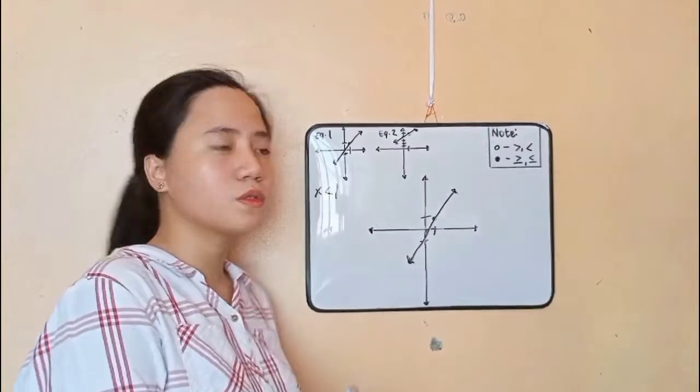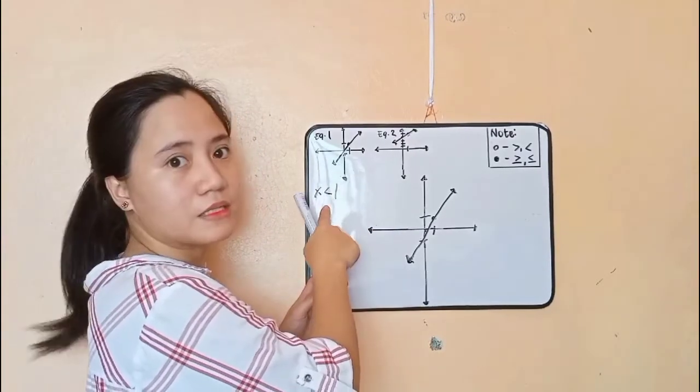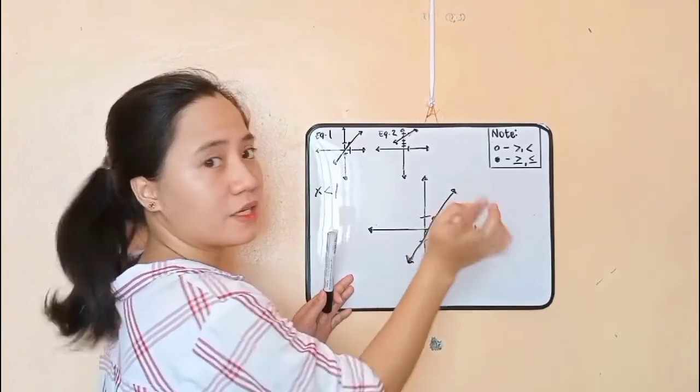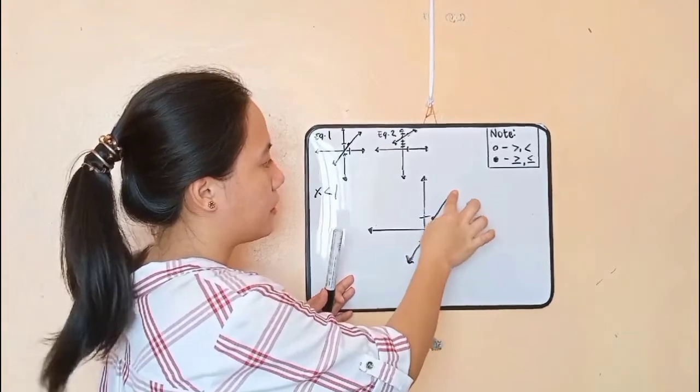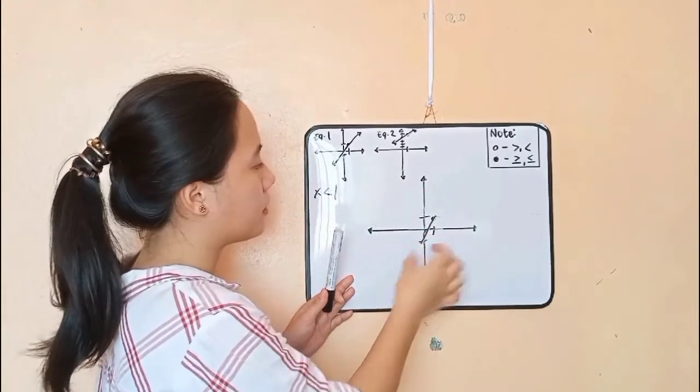What are we going to do to get the final graph for equation 1, since x is less than 1? We will erase the line like that.